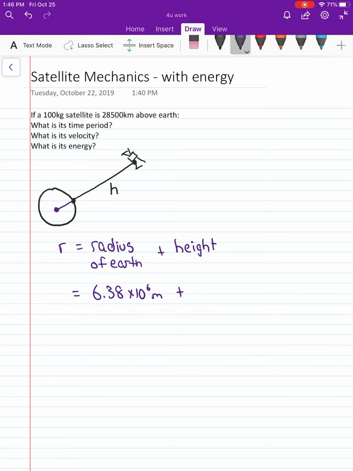In this case, the height I made up was 28,500 kilometers. We have to have consistent units before we can add. I like putting things in times 10 to the 6 to match the radius of the Earth. So 28,500 kilometers, a kilo means 1,000.